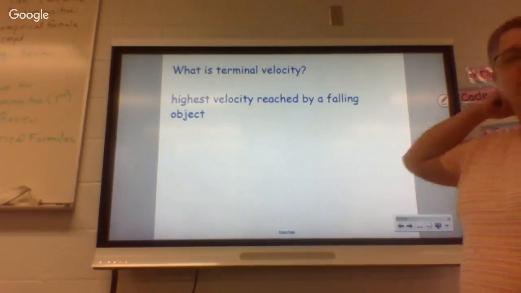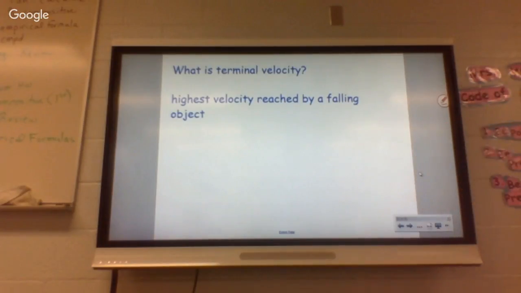All right, so terminal velocity is the highest velocity. Now listen. It is the highest velocity reached by a falling object. Now, not only is it the highest velocity reached by a falling object, we need to understand how it works.